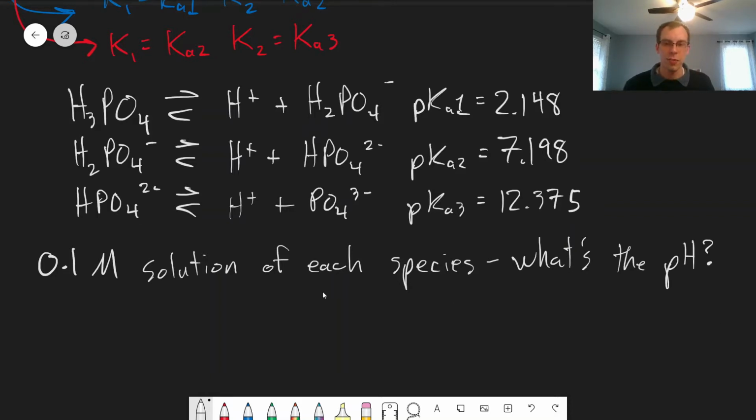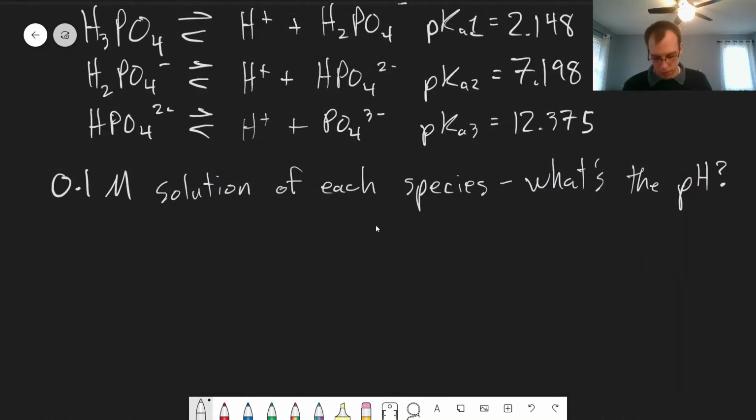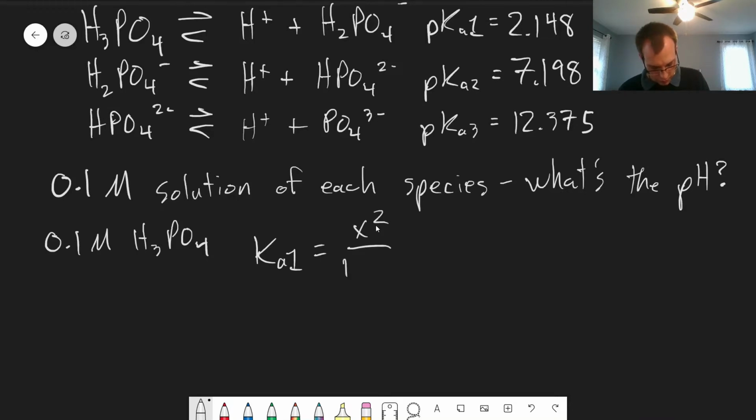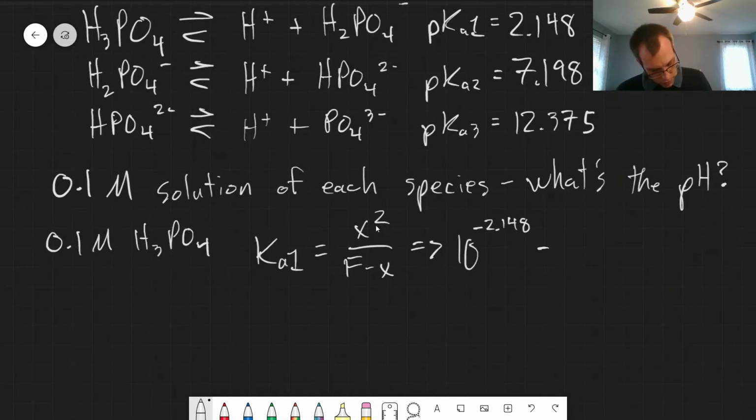Okay, so to start with, we can consider 0.1 molar phosphoric acid. Well, this is just going to be Ka1 is equal to x squared over F minus x, which means we'll have 10 to the negative 2.148, this value of pKa1, is equal to x squared over 0.1 minus x.